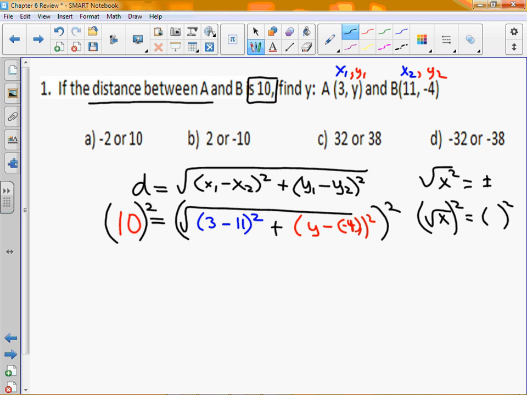Addition is the inverse of subtraction. Multiplication, inverse of the inverse of squaring something is to take the square root of it. So when I square both sides, I end up with 100 equals, well, 3 minus 11 is negative 8. Negative 8 squared is 64 plus y plus 4 squared.